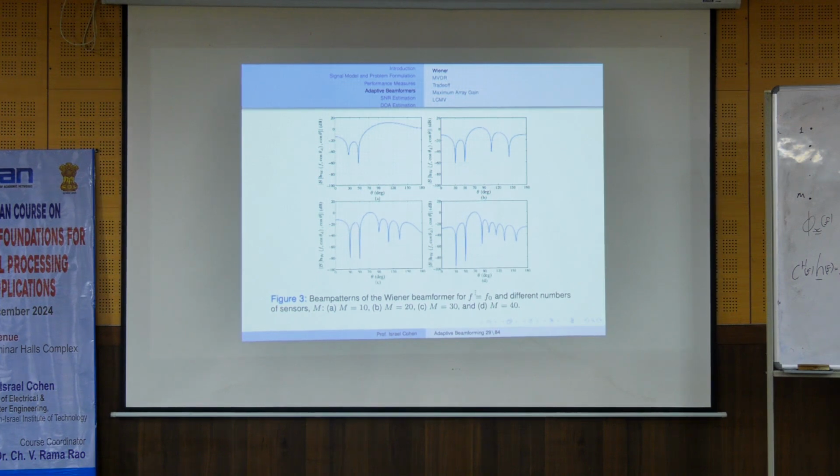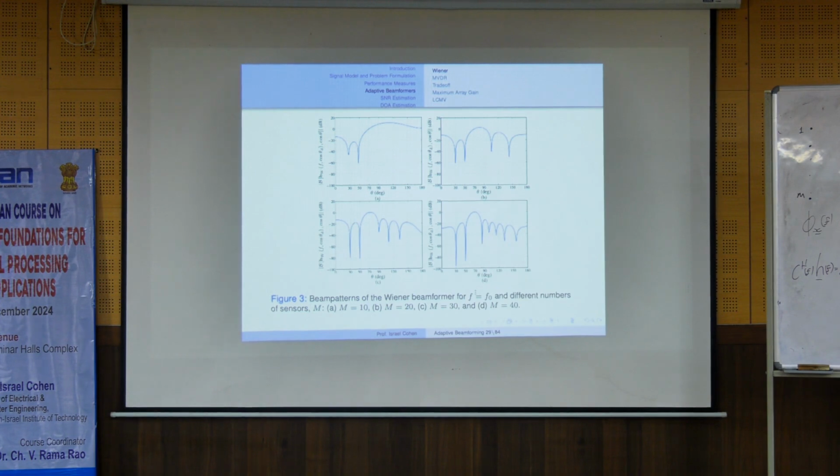Why? Because when we increase the number of sensors, we can increase the amount of noise reduction. So this noise comes from this direction. In order to increase the noise reduction, we put deeper nulls in these directions.